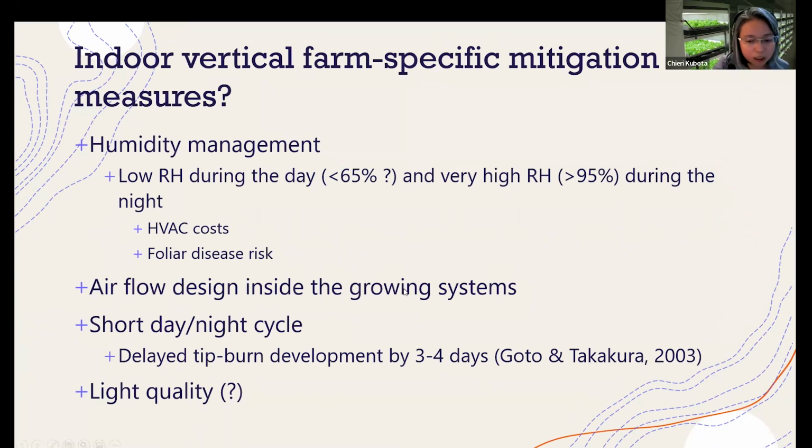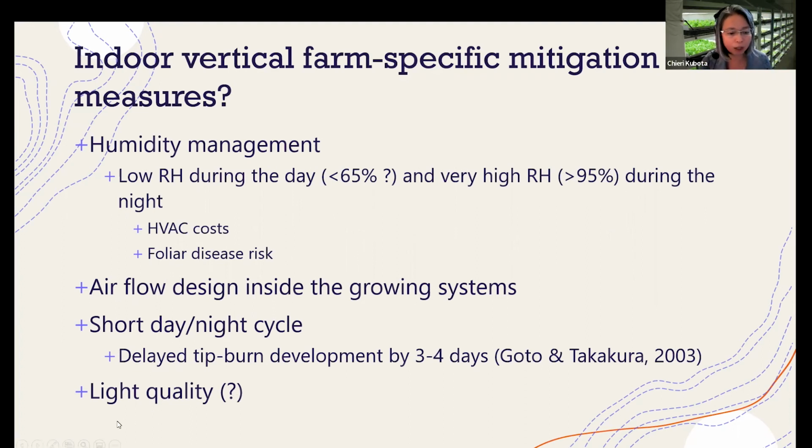It's very interesting, but the particular paper shows the mitigation only by 3 to 4 days delay. So this may not be enough for some situations, but I think it's interesting to take a look if you are interested in doing this.